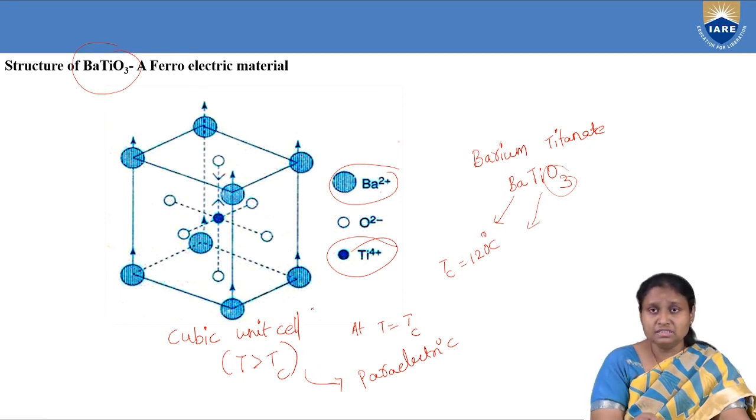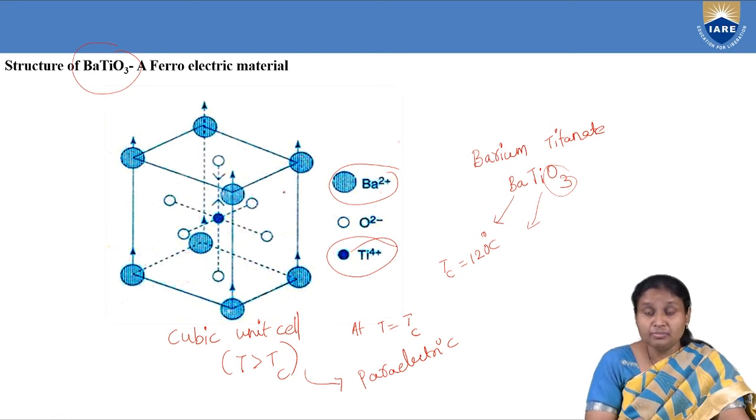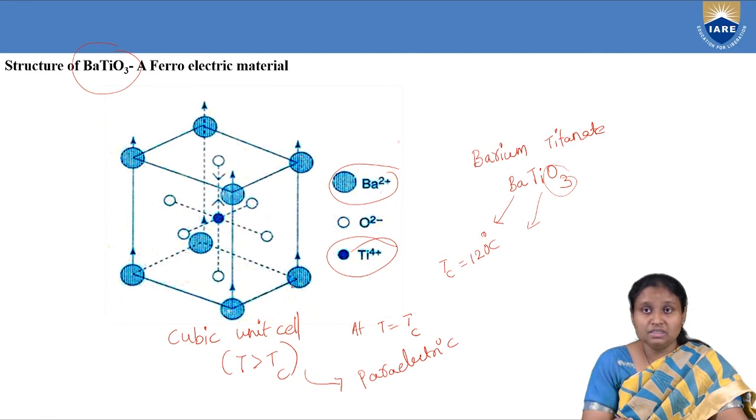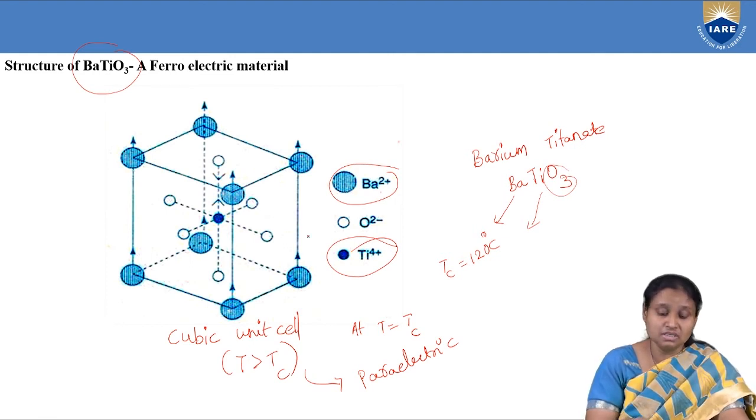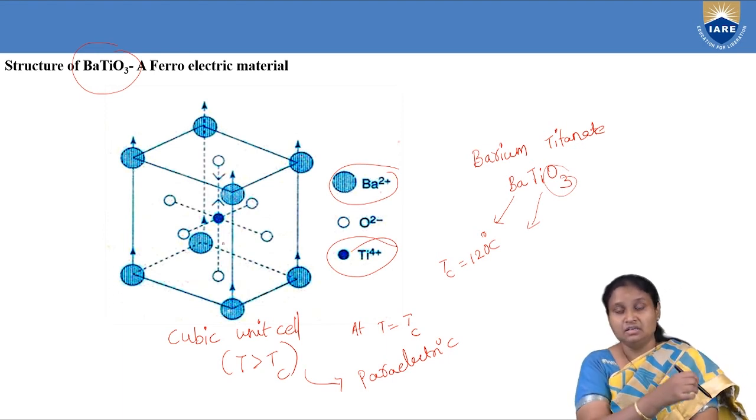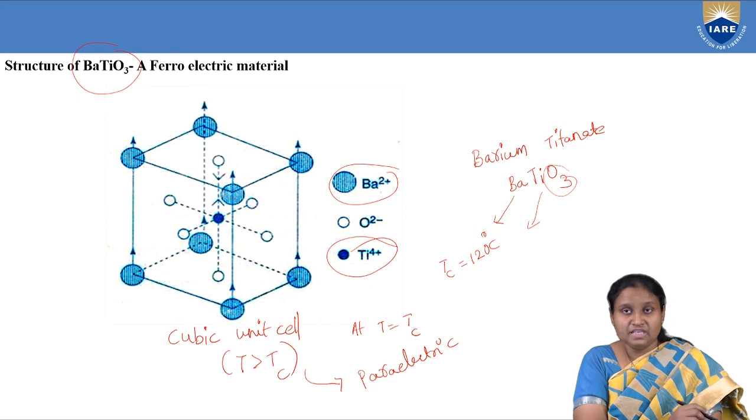Now if you consider the distribution of ions in this cubic unit cell, where are the barium ions? Barium ions are present at the corners, the 8 corners of the cubic unit cell. And what about the oxygen ions? Here we have 6 oxygen ions present at the 6 face centers. A cube has 6 faces, and the center of each face is called a face center.